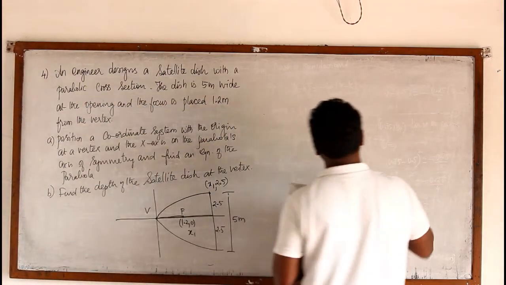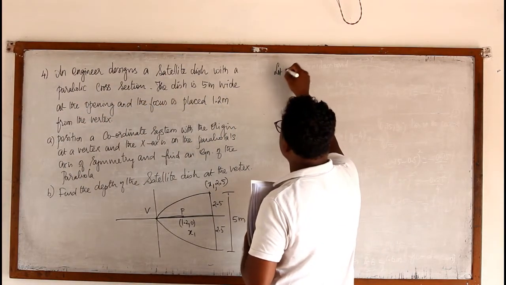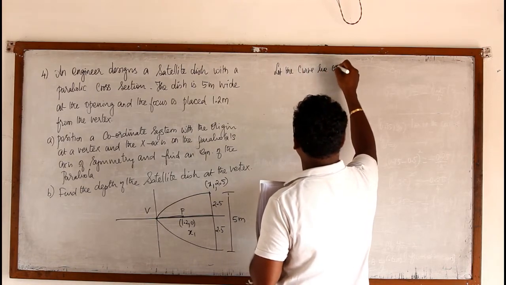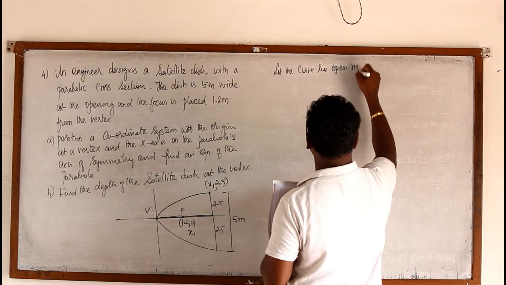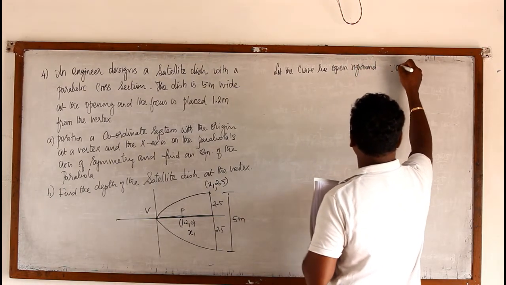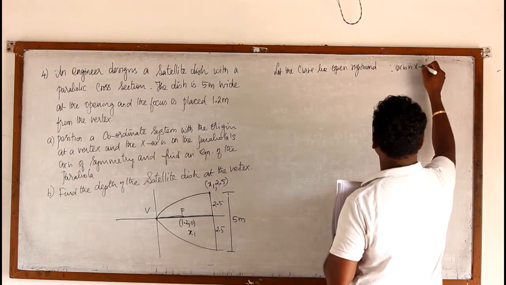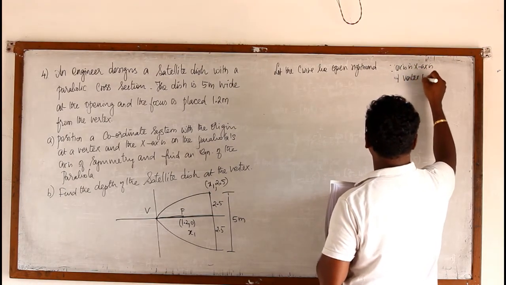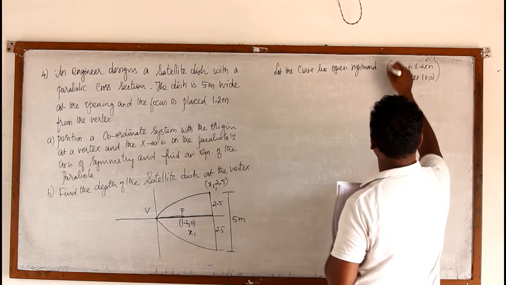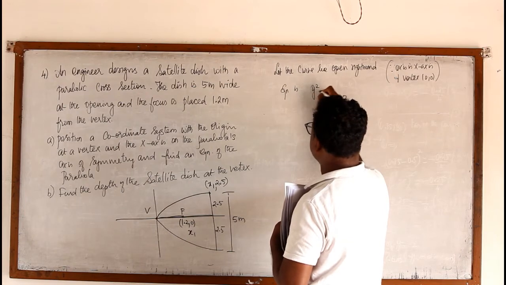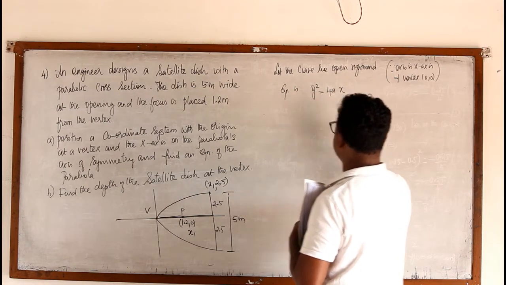Now listen here. Let the curve be open rightward because the axis is the x-axis and the vertex is (0, 0), as given. Then the equation is y square equal to 4ax.